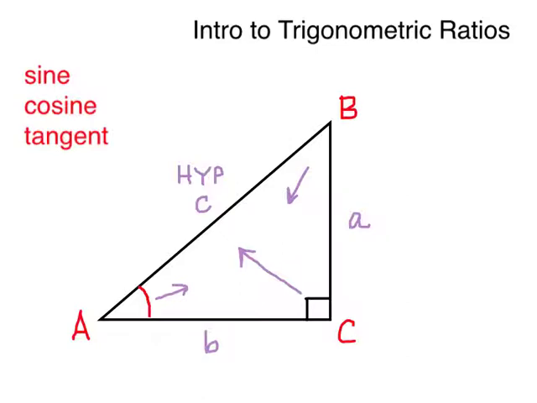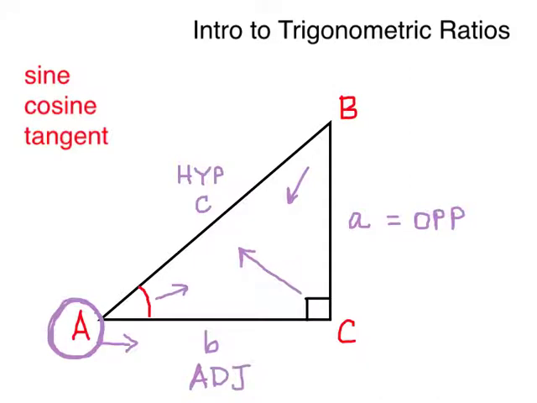So if you're looking from the perspective of the angle A in this case, then little a would be our opposite because it is opposite from the big A. Then the side right next to big angle A is called the adjacent side.